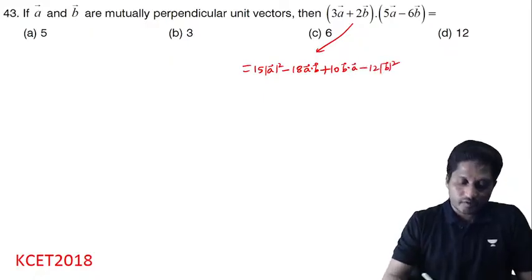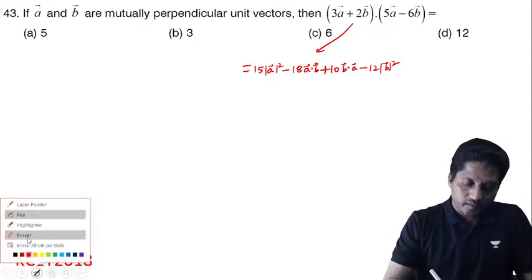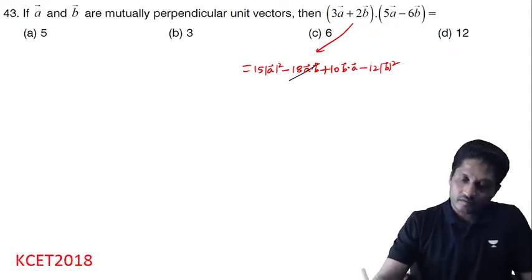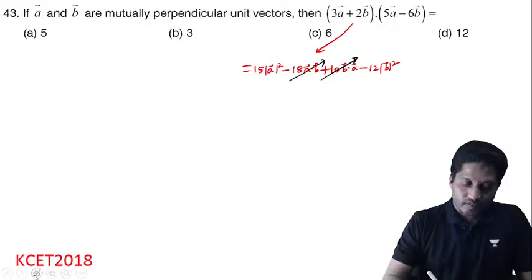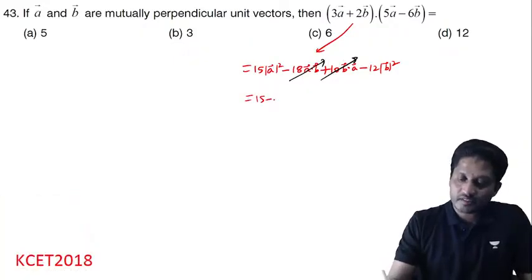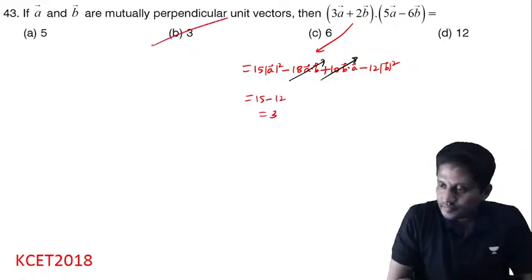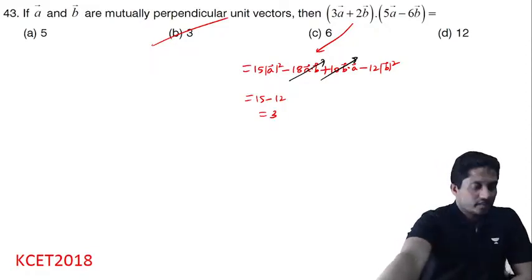Given in the question, they are mutually perpendicular vectors. Therefore, a dot b is 0. A and B are unit vectors, right? So this is equal to 15 minus 12 equal to plus 3. Answer is option B.